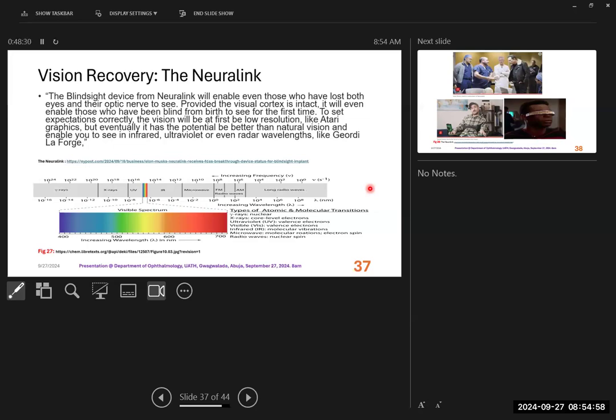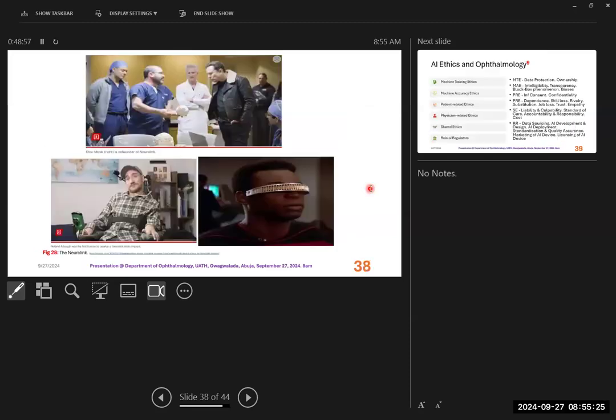Maybe those who have lost their vision from glaucoma or trauma, where the optic nerve is damaged, can actually see. But the visual cortex has to be intact. So let's wait for that company and see whether they will be able to help us sort out the issue of blindness for some of our patients.